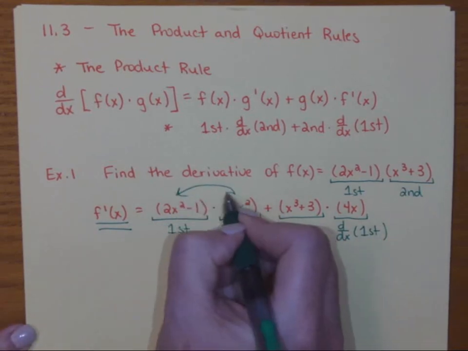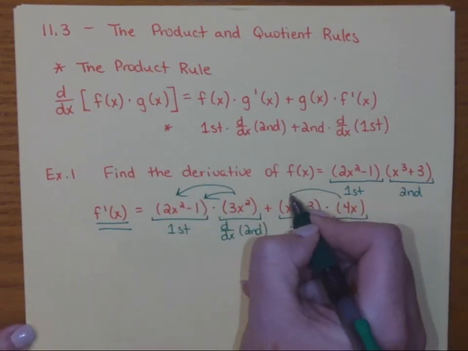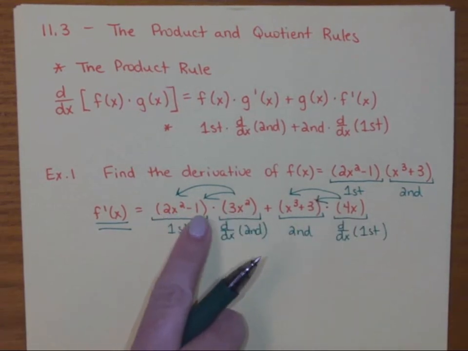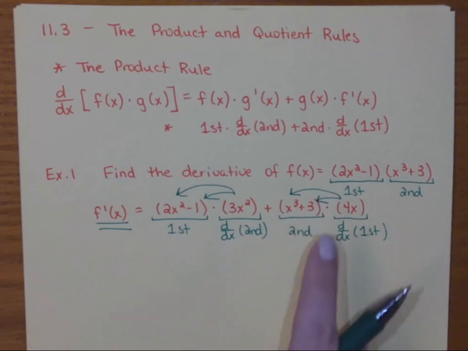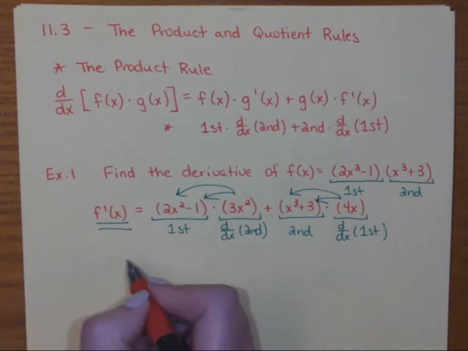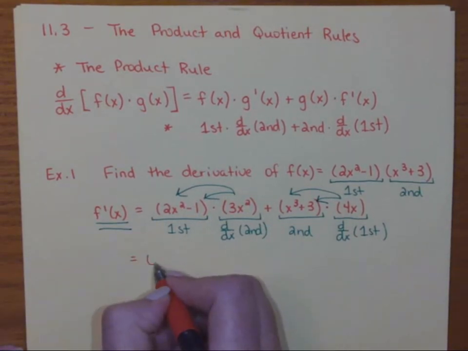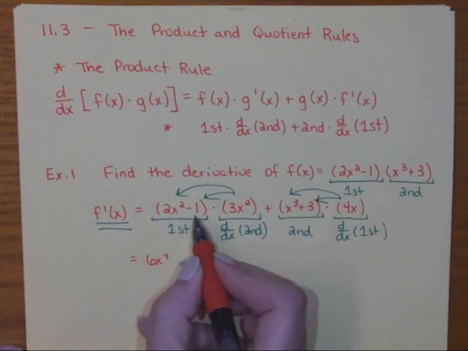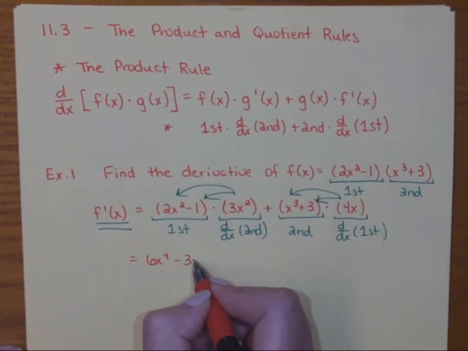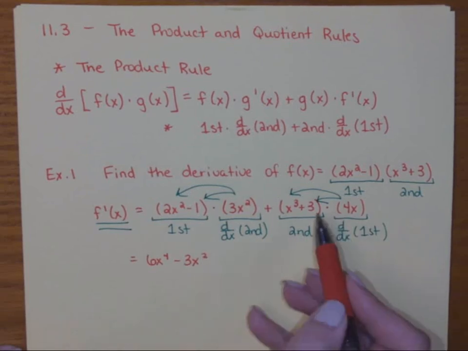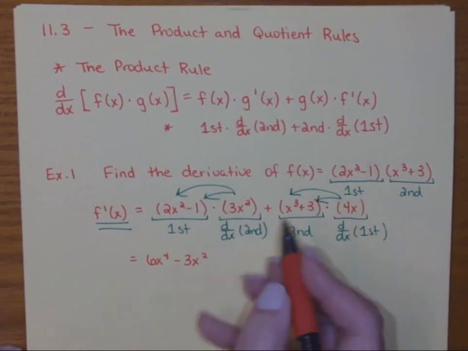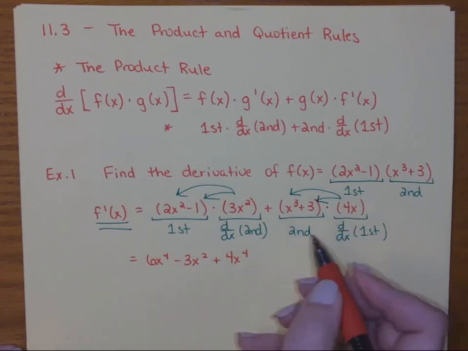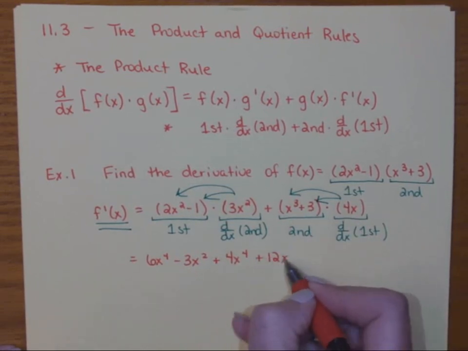So we can do the distributive property back this way. I know we're probably used to doing it the other direction, but we can multiply this times both things, and then also this times both things. So if we do that, we're going to get 6x to the fourth, right? 3x squared times 2x squared. 3x squared times negative 1 is minus 3x squared. This times this, so 4x times x cubed is 4x to the fourth. 4x times 3 would be 12x.